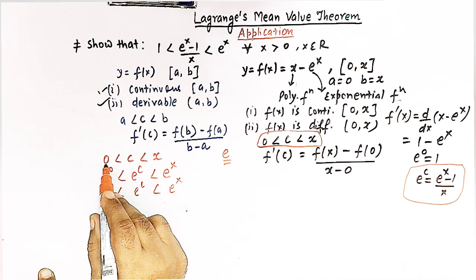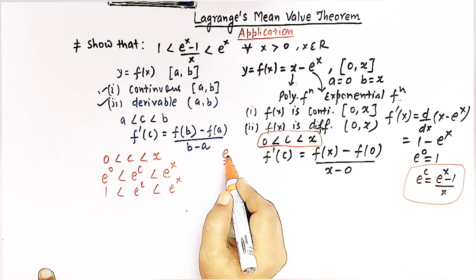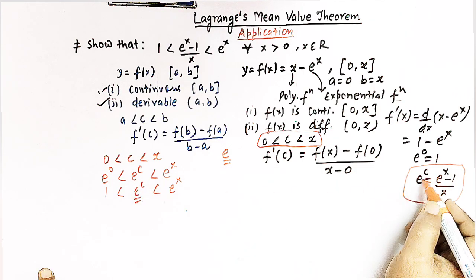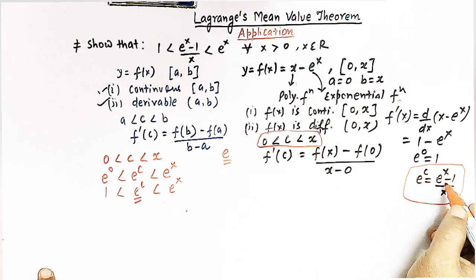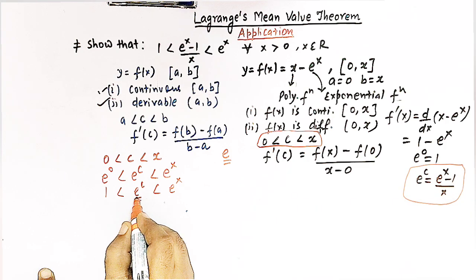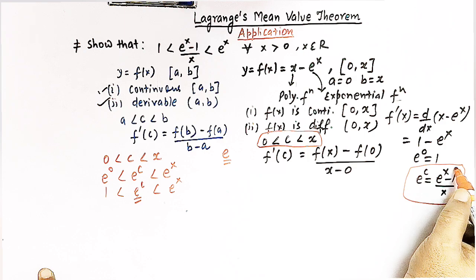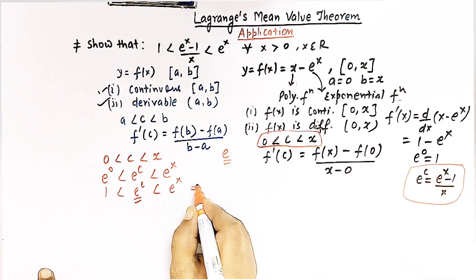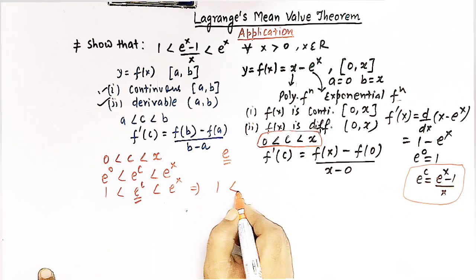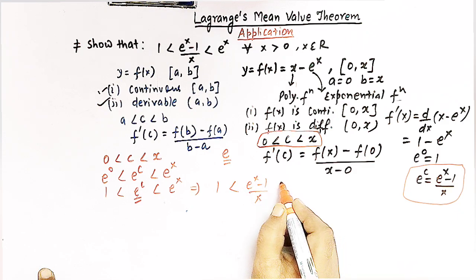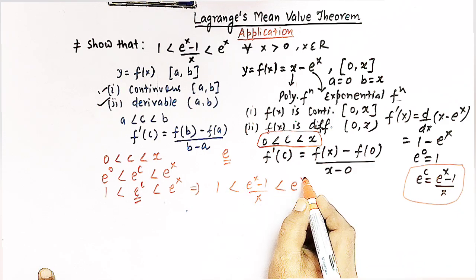So the purpose of raising these three terms to the power of e is to get e raised to c, and here e raised to c is e raised to x minus 1 over x. So here taking e raised to c as this expression, we can now write 1, and here we have e raised to x minus 1 over x, and here we have e raised to x.